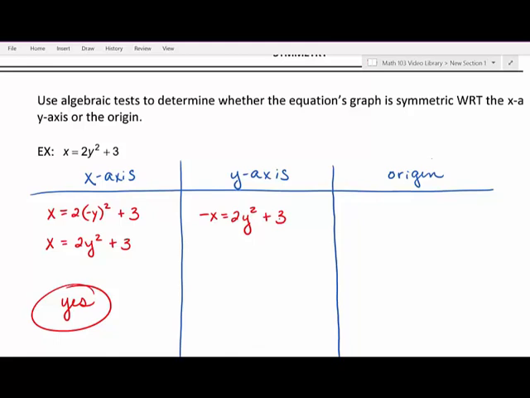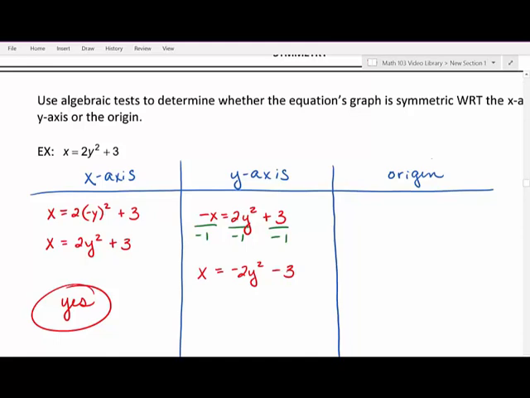There's not really anything we can do to try to simplify this. One thing that we can try is dividing every term by a negative 1. Going to give us positive x squared equals negative 2y squared minus 3. That was really our only move.